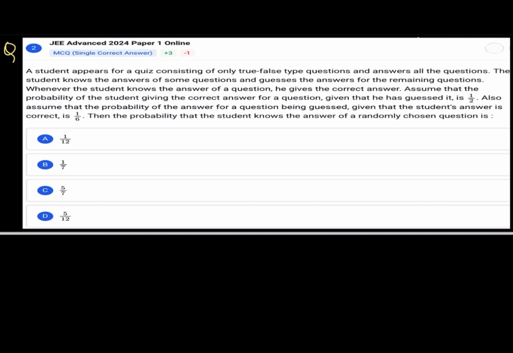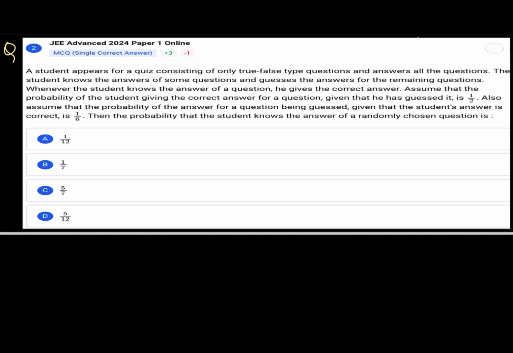Also, assume that the probability of the answer for a question being guessed given that the student's answer is correct is 1 by 6. Then the probability that the student knows the answer of a randomly chosen question is.